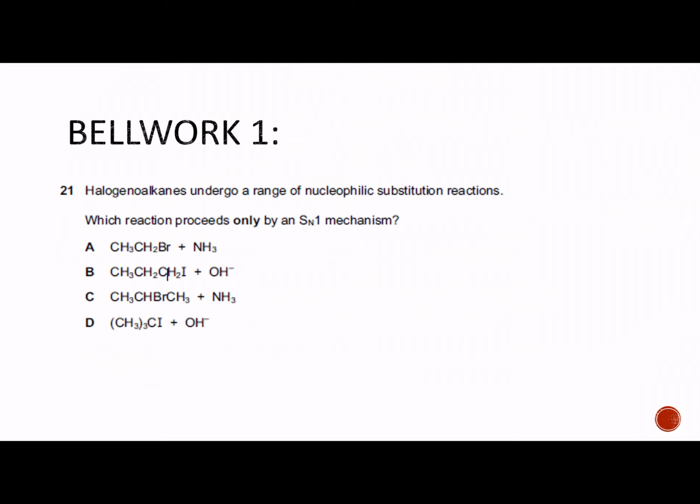Alright, so let's see if we remember SN1. In an SN1 mechanism, what type of halogen alkane was necessary? It was a tertiary, which we also label with a little 3, halogen alkane. And so in which of these examples is there a tertiary halogen alkane?